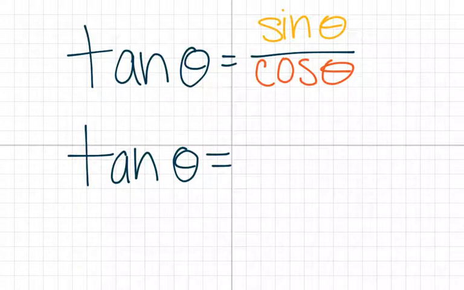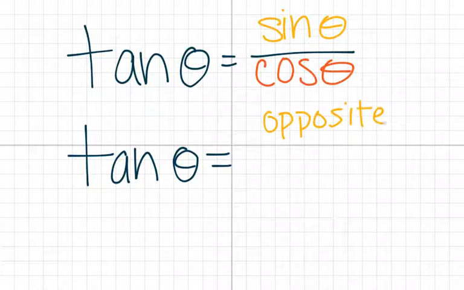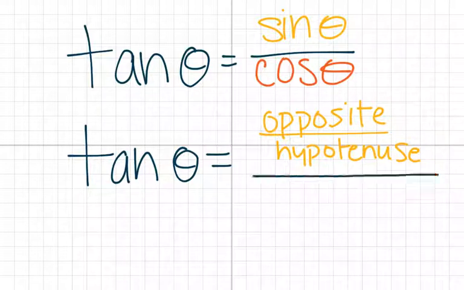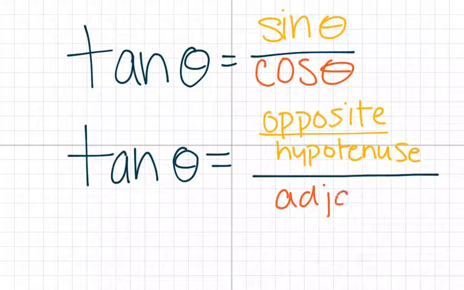Furthermore, sine of theta equals the side opposite of theta over the hypotenuse, and cosine theta is equal to the adjacent side over the hypotenuse.